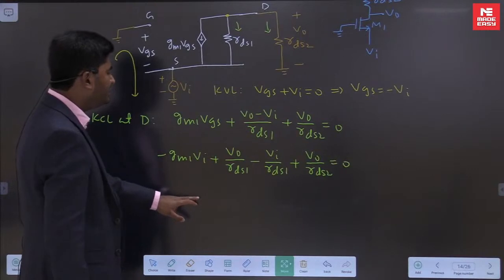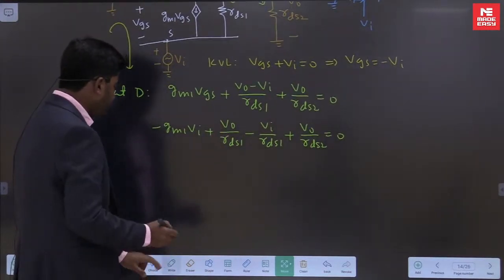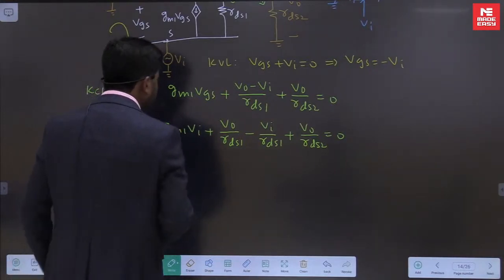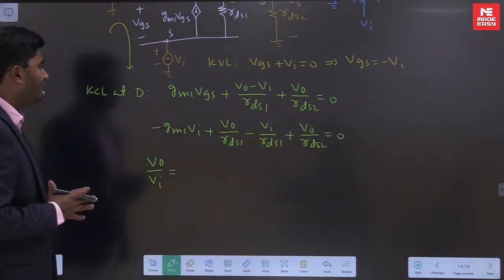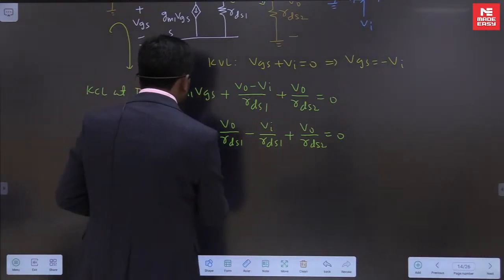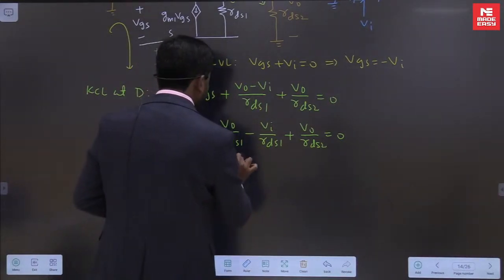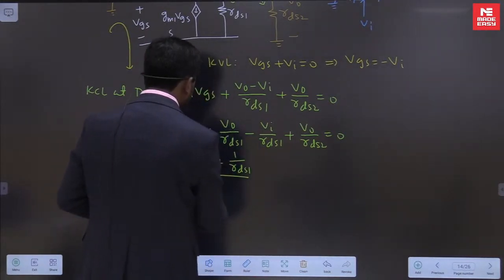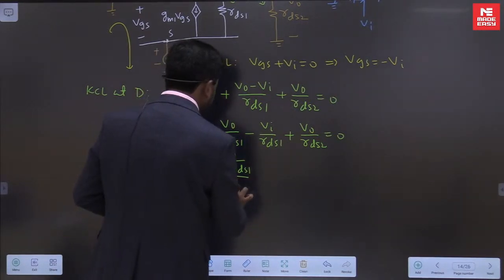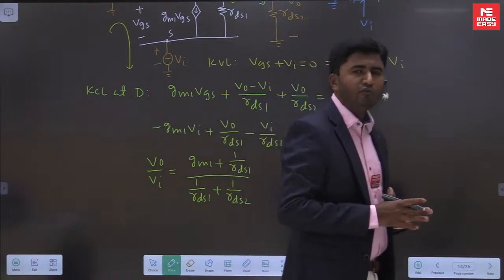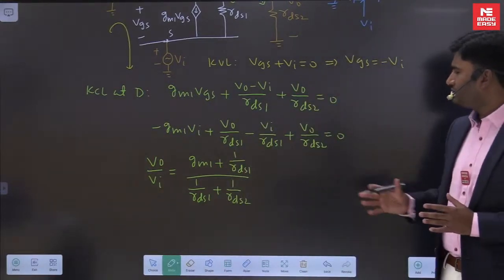Please rearrange it. You will get V0 upon VI as GM1 plus 1 by RDS1 divided by 1 upon RDS1 plus 1 upon RDS2. That voltage gain can be written in this form.